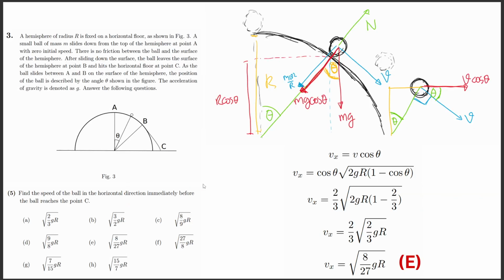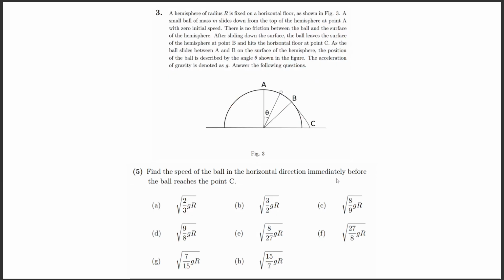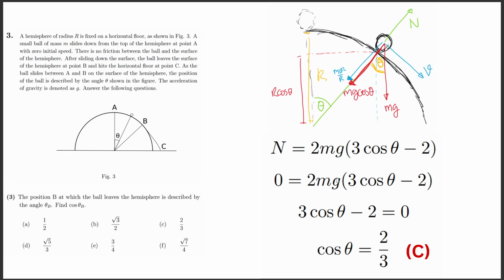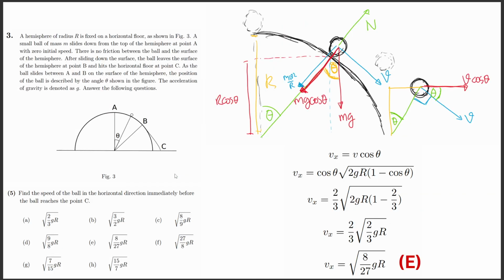Let's get back. I'll draw this here, and we know that v x is v cosine theta b. We know v from number 1, square root of 2gR times 1 minus cosine theta, and from number 3, we know that cosine theta when it leaves the hemisphere is 2 over 3.